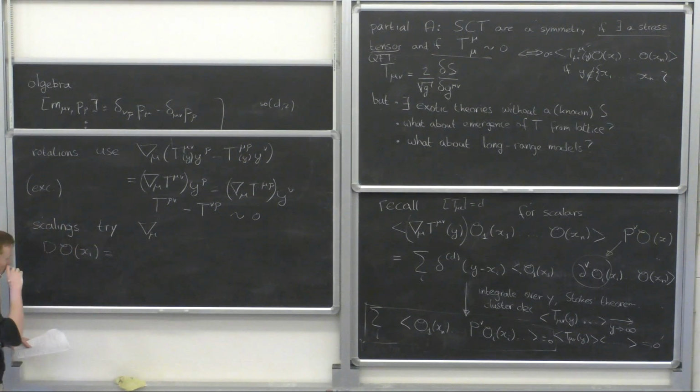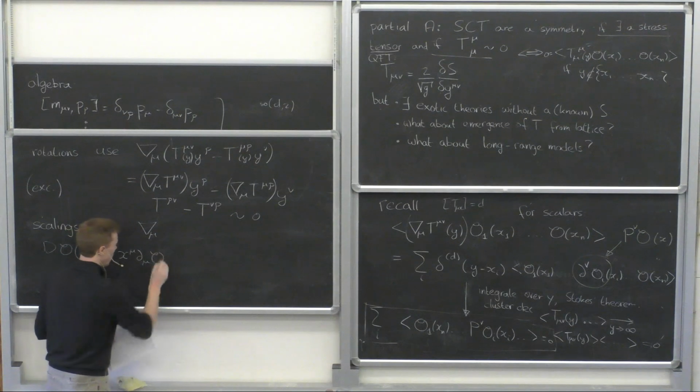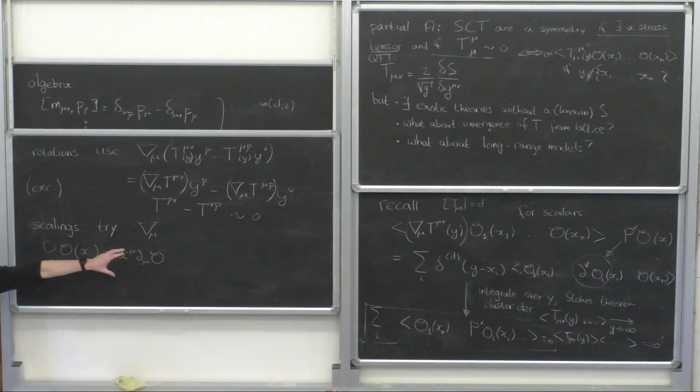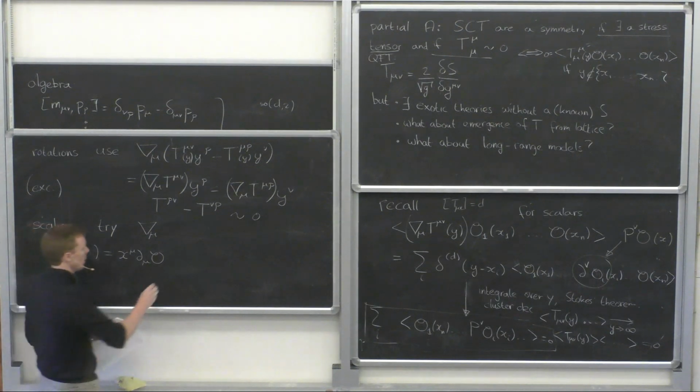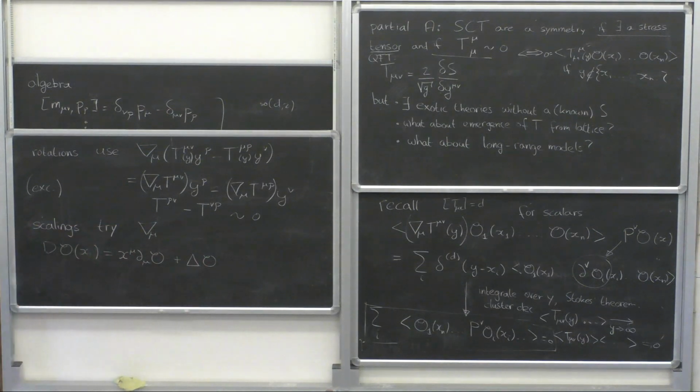Well, it should implement the rescalings of the positions, so it should be x^mu ∂_mu of the operator. But it's not just that, right? From the Callan-Symanzik equation, we see that the correct expression is where this operator also scales with its scaling dimension. And now I dropped the tildes.